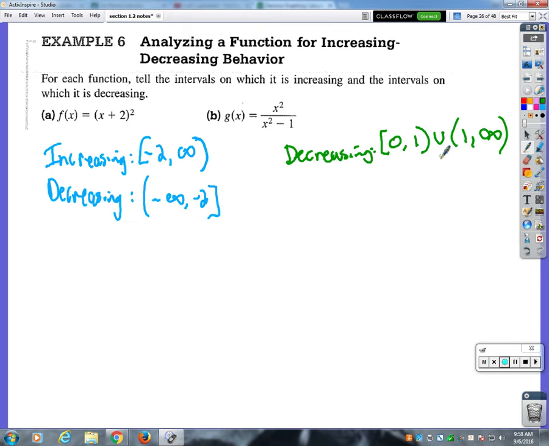Again, it would be a lot easier to just say from 0 to infinity, but unfortunately it would be mathematically incorrect. All right, and then looking at that graph again, or looking at the answer that I already have, that means it's going to be increasing from, let's go back to the graph.